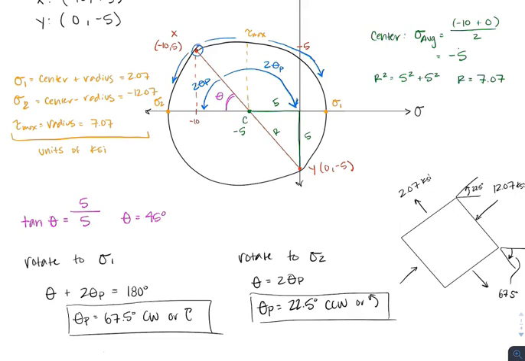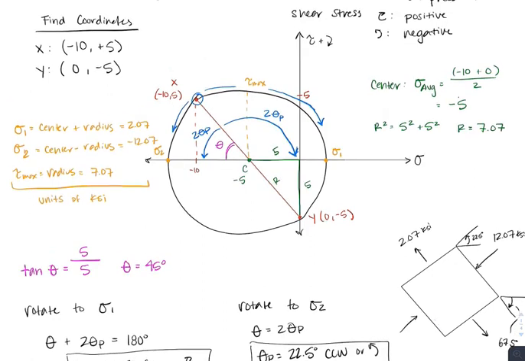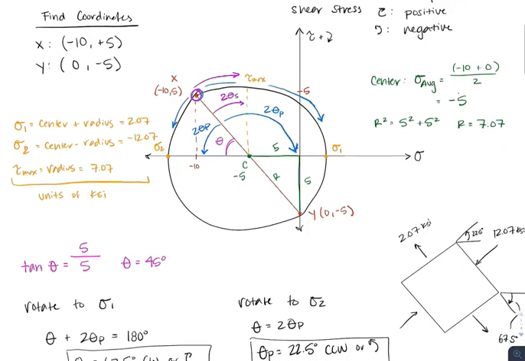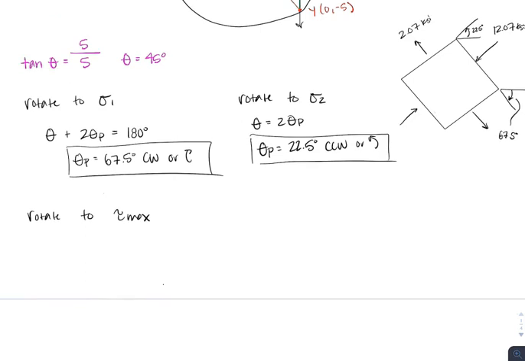So now the last thing that we need to find is theta s, which is denoted as the distance or the angle to rotate from this point to our tau max. So if we denote that on here, it becomes 2 theta s. So if we go back and solve for that, we can say that if we're rotating to tau max, our equation just becomes theta plus 2 theta s is just going to be equal to 90 degrees.